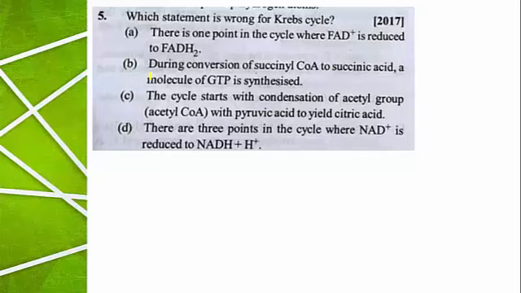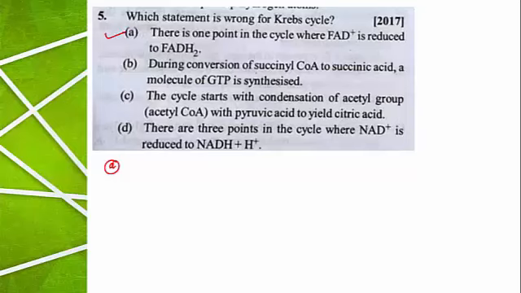So let us have a look where this FADH2 is produced and whether it is one molecule or two molecules. For these options, one by one I will mention here. Option A is, there is one point in the cycle where FAD+ is reduced to FADH2.